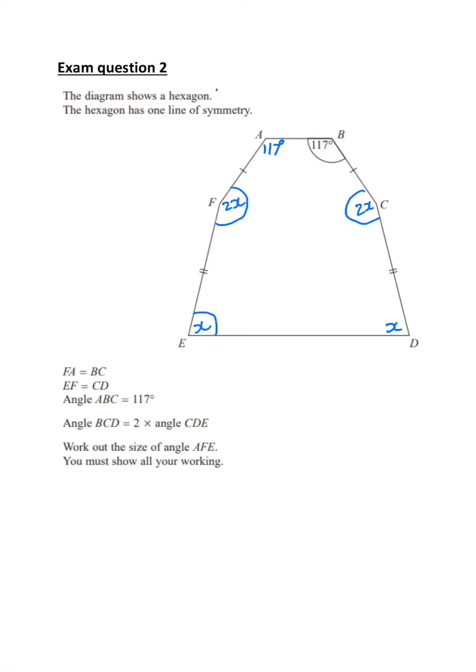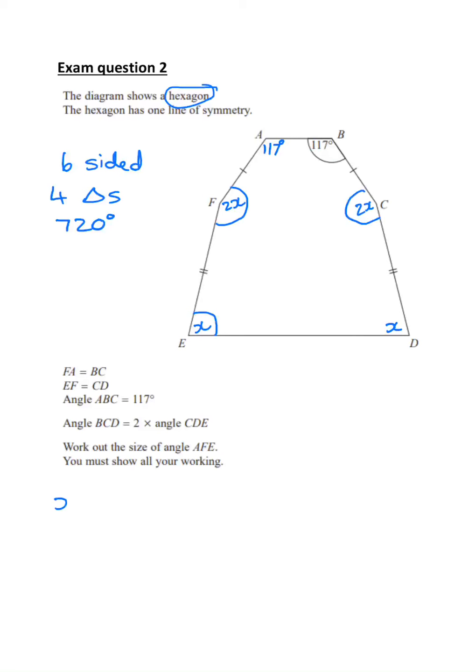I'm looking at a hexagon, which means it is a 6-sided shape, which can be split into 4 triangles. So 4 triangles means 4 lots of 180, which means altogether that should come to 720. Now don't be afraid to use algebra where necessary. So if we look at what we've got inside this polygon, I can write an equation.